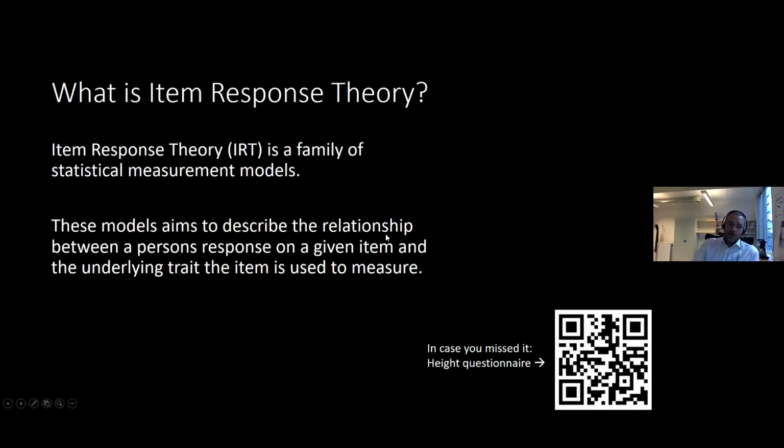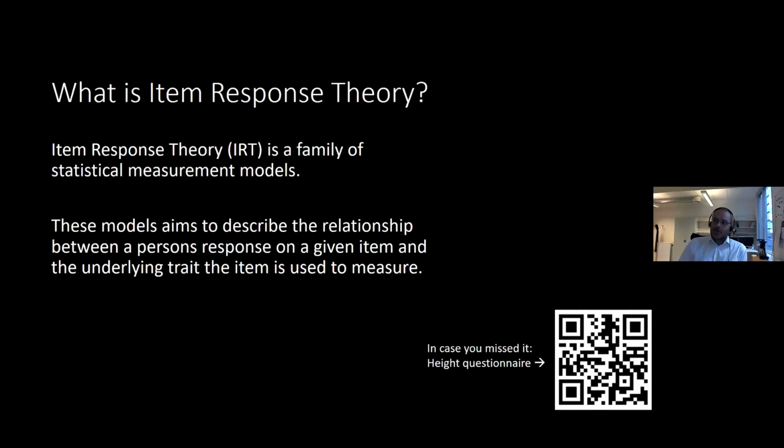So what is item response theory? It's a family or a paradigm of a number of different models. There are too many models to name them all here, but these models aim to describe the relationship between a person's response on a given item and the underlying trait that the item is used to measure.